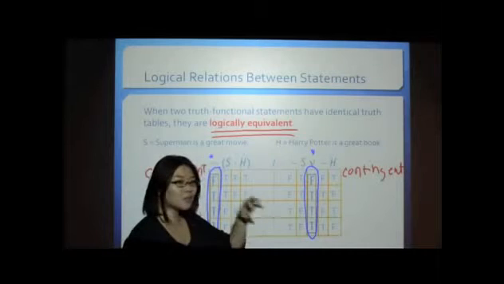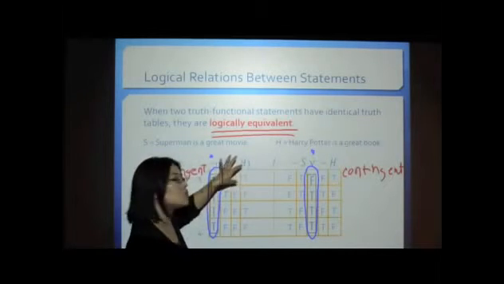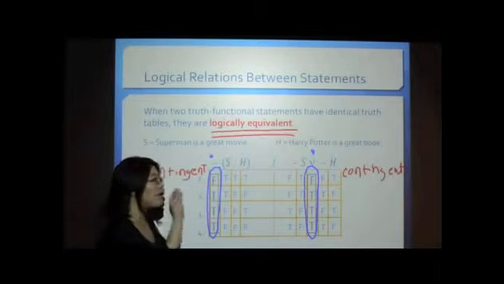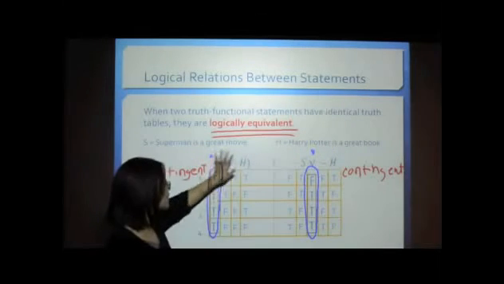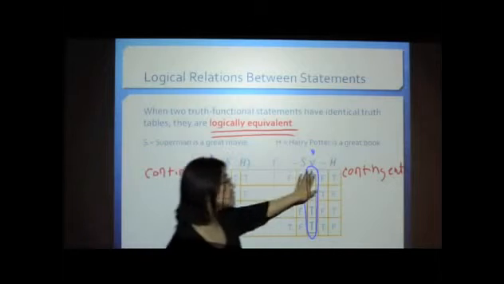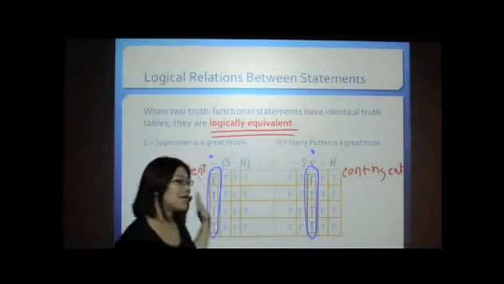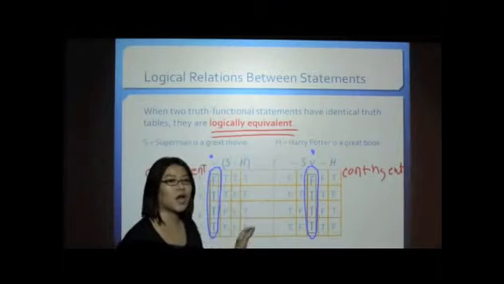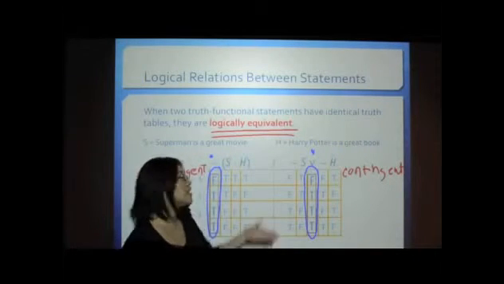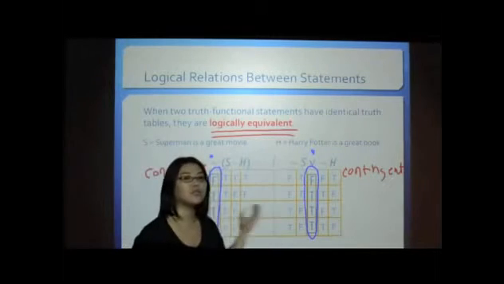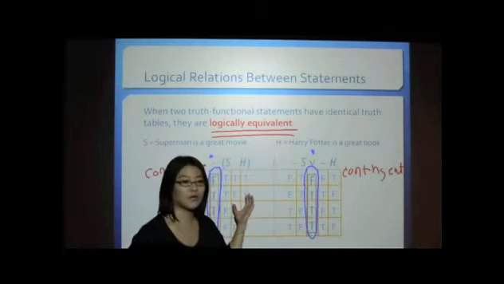It's not a property that belongs solely to one statement alone, like contingent is a property that belongs to one statement by itself. So this statement is contingent and this statement is contingent. However, these two statements have the relation of logical equivalence. So logical equivalence is a relation between two or more statements.